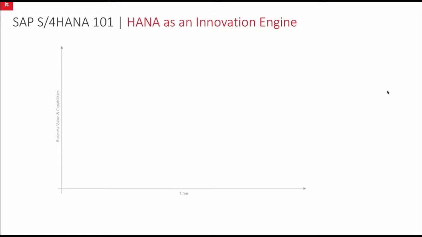And if we look at this very straightforward graph here, SAP for many years had been delivering new capabilities within the traditional ERP. You would have seen ECC with a variety of different enhancement packs over the years, with new capabilities coming through those enhancement packs.